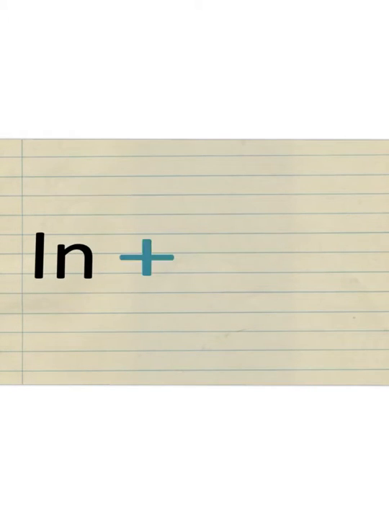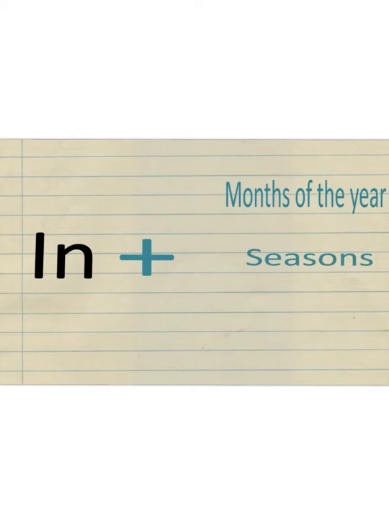And finally, we have in. We use in with months of the year, seasons, and years. Let's see some examples. For months of the year, we have in February, in July, in September.